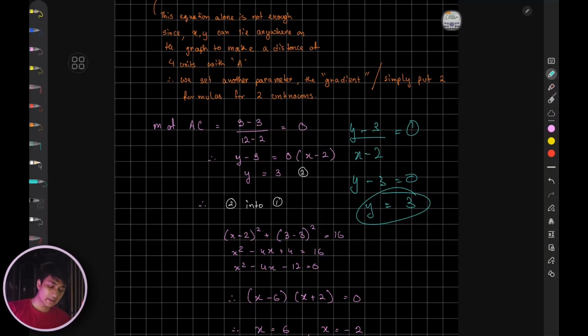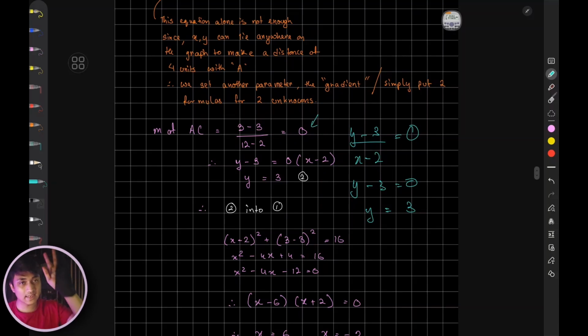So by making y the subject, I find another equation, that is of y. Now in any other case, when the gradient is any other value but 0, you would have, let's say, 2x plus 3, any such expression over here.